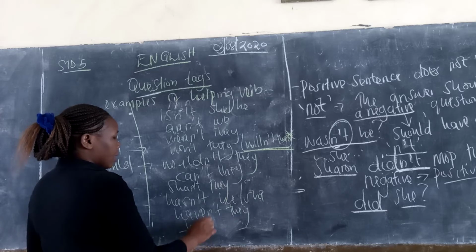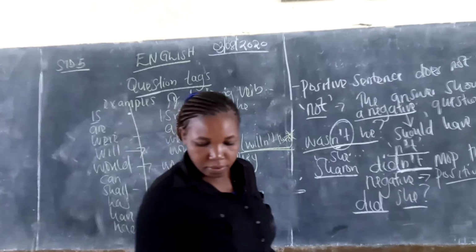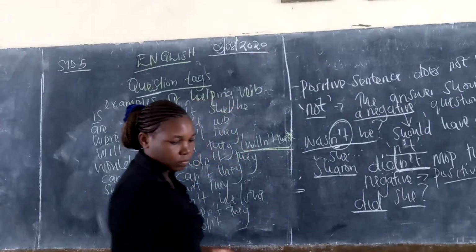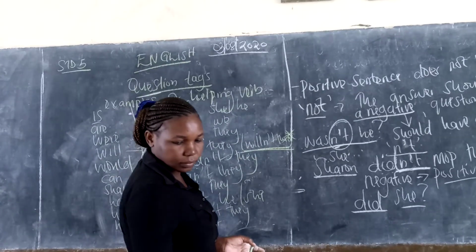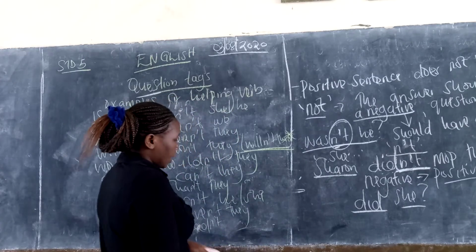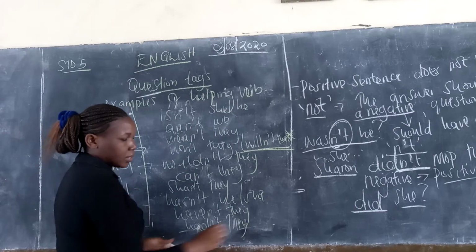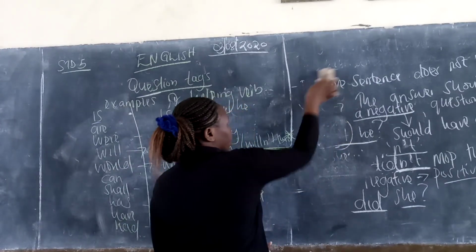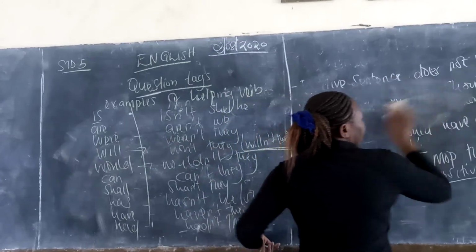Had, hadn't she. Had, hadn't they. So I give you examples of auxiliary verbs.